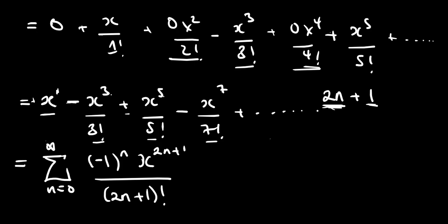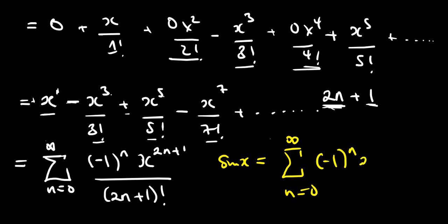So which means the Maclaurin series of sin x is just the summation from n equal to 0 to infinity of negative 1 to the power n, then x to the power 2n plus 1, divided by 2n plus 1 factorial. Alright, so this is how you get the Maclaurin series.